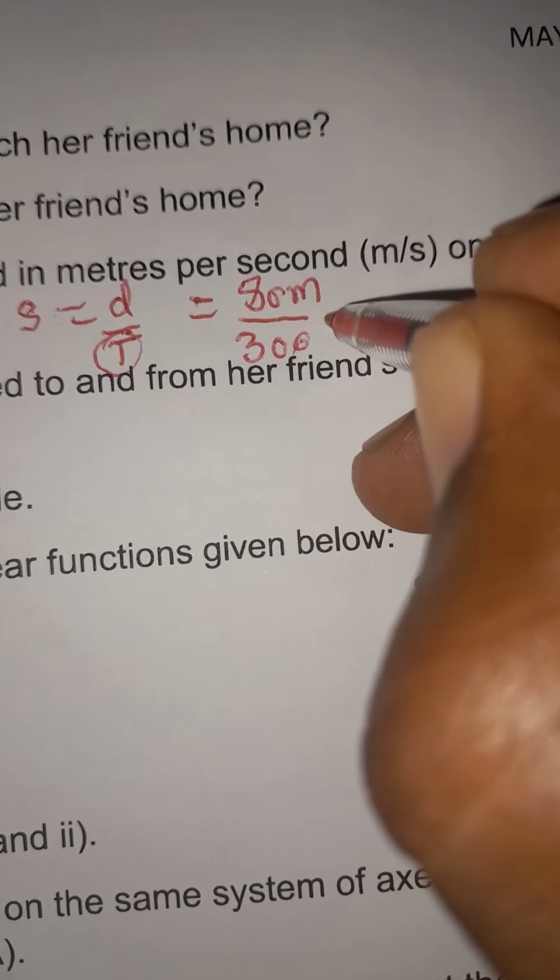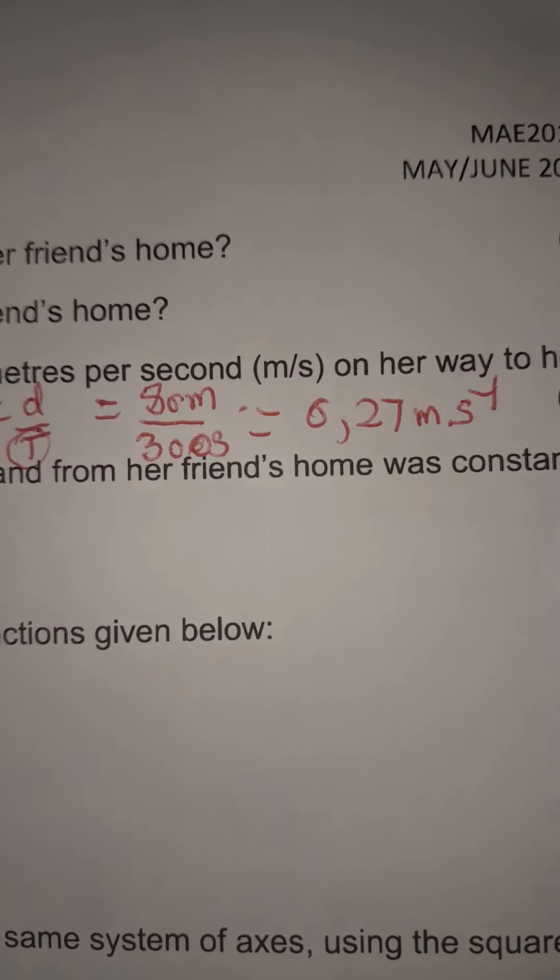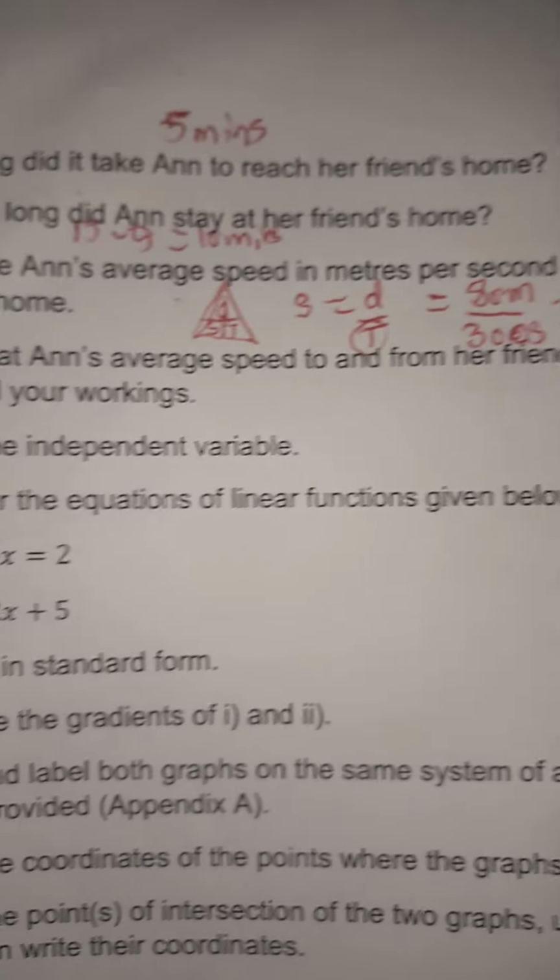So 80 divided by 300, correct to 2 decimal places, is 0.27 meters per second.